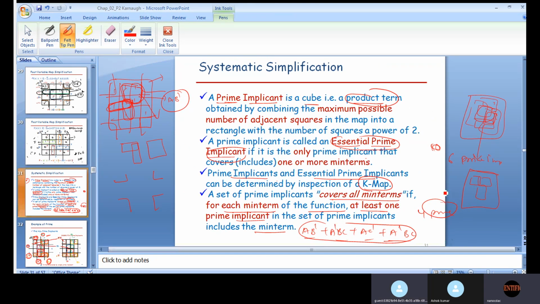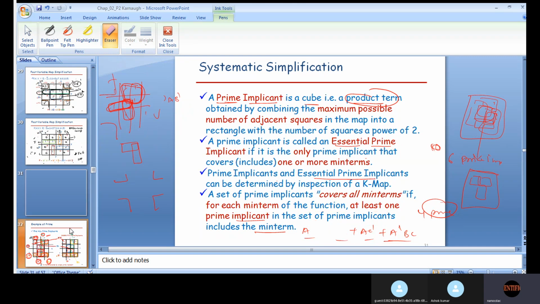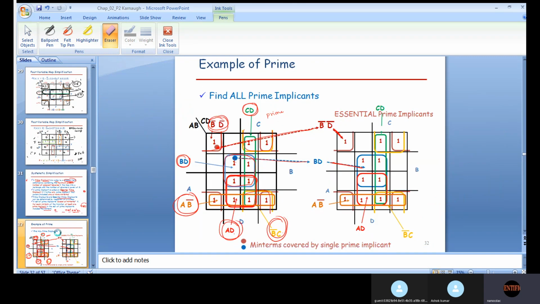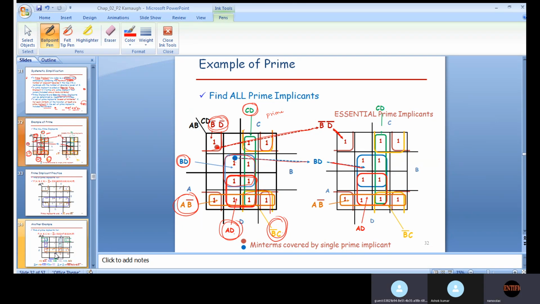Because each is the only prime implicant that covers one or more min terms. Here BD is repeating, so it is the essential prime implicant.